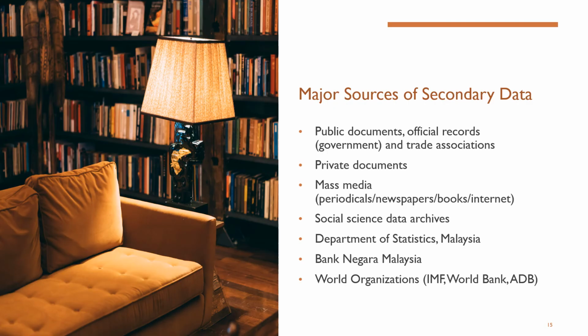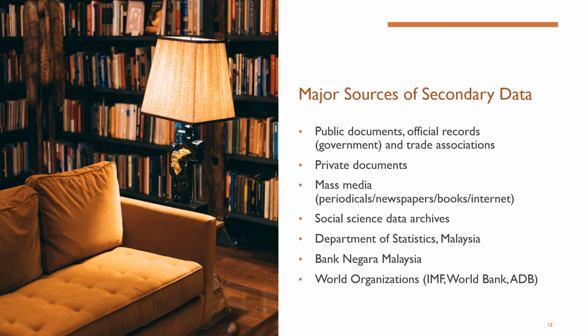Here are major sources of secondary data. You can get data from public documents, official records, and trade associations. You can get them from private documents. You can also get them from mass media, for instance, periodicals, newspapers, books, and the internet.